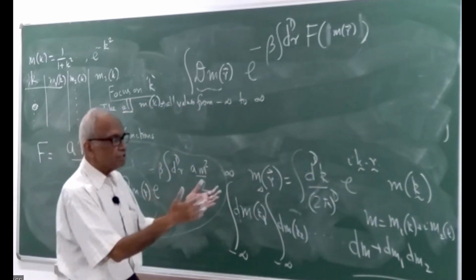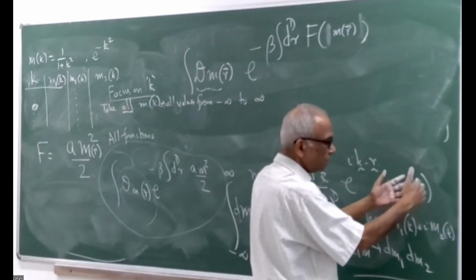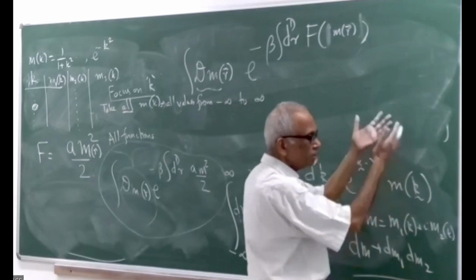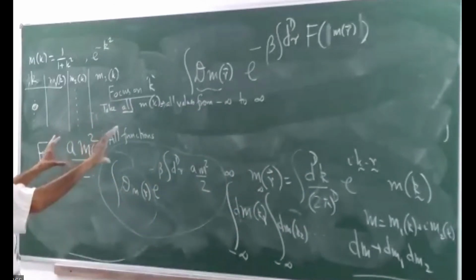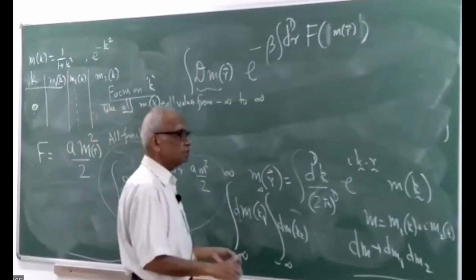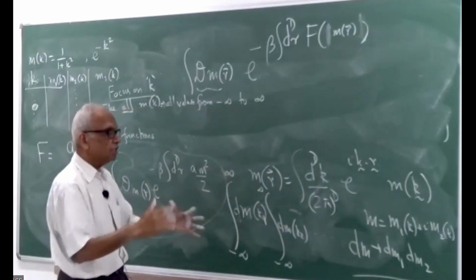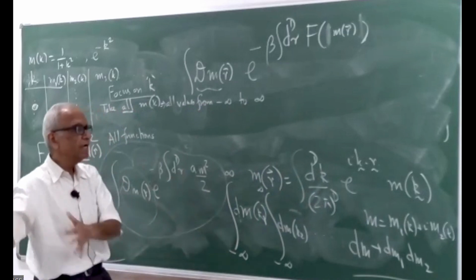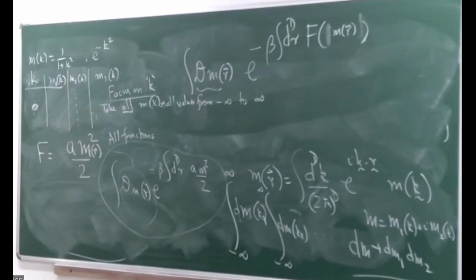Because having taken all those m of k's, I then have another set at the next k, and then I have exhausted all the possible values that this m of k could have had in this world. I put them all together, make one function, and therefore I get all the coordinate space functions of this world. So that is the algo for doing this functional integral.